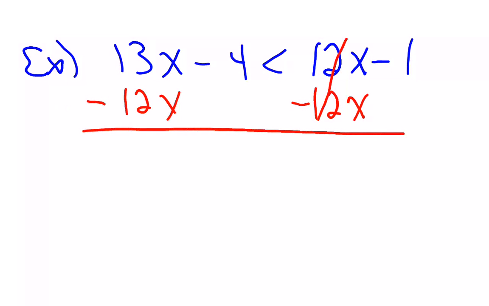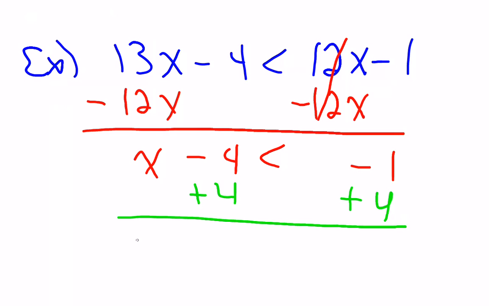Now 13x minus 12x is 1x. We still have the minus 4. Bring down the less than sign, and we still have a negative 1. Keep going. We want to get rid of the 4, so we're going to add it since that's the opposite of subtract. And so we have x, negative 4 plus 4 is 0, is less than negative 1 plus 4 is 3. So x is less than 3 is our answer.